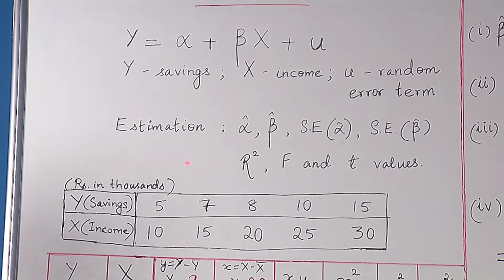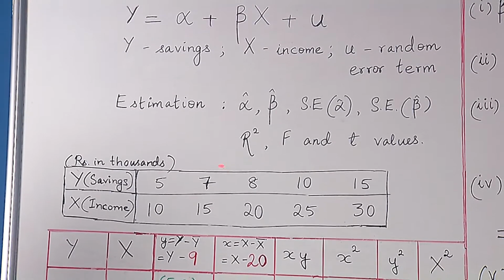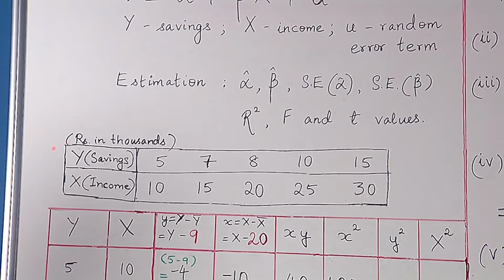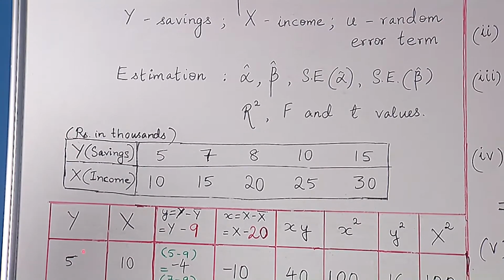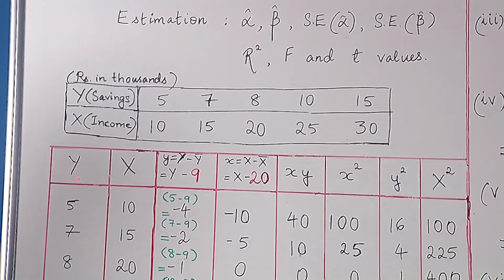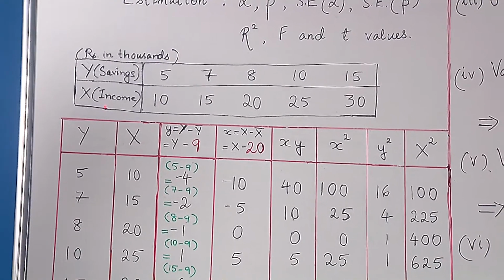So, let us take this example of savings and income. The whole data is given for 5 households. So, write the variable y in columns. This y is nothing but the savings of the households in 1000 rupees.